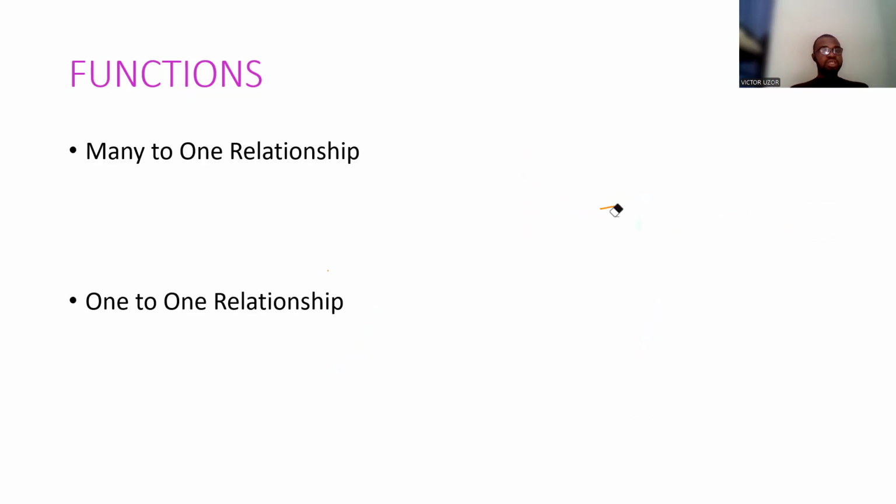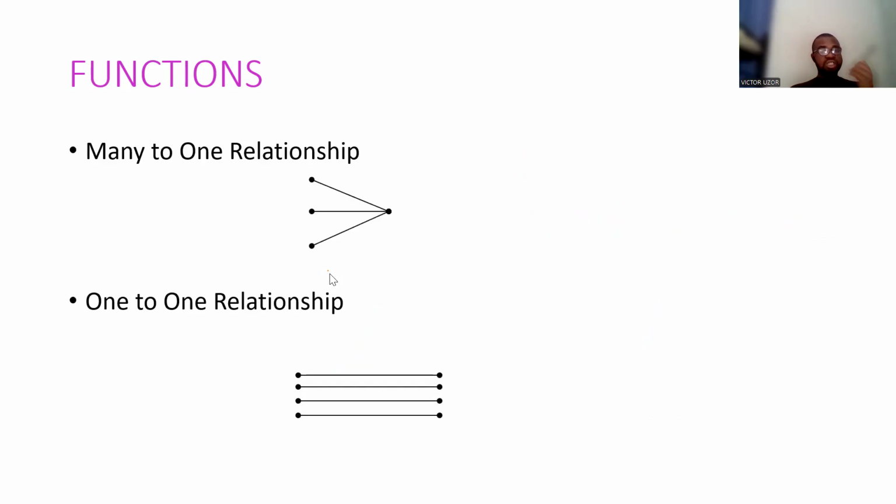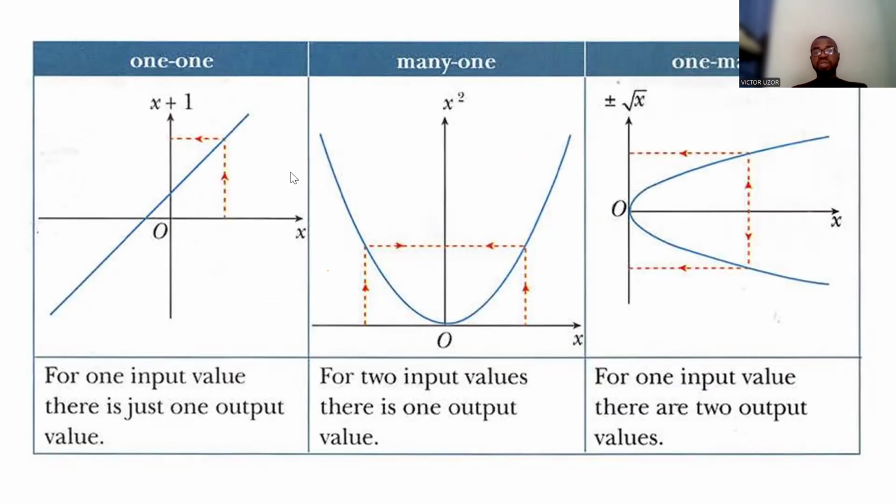There are three basic categories in mapping that we are going to be looking at: one to one mapping, many to one mapping, and one to many mapping. When one input produces exactly one output, it's called one to one mapping. An example is a linear equation.